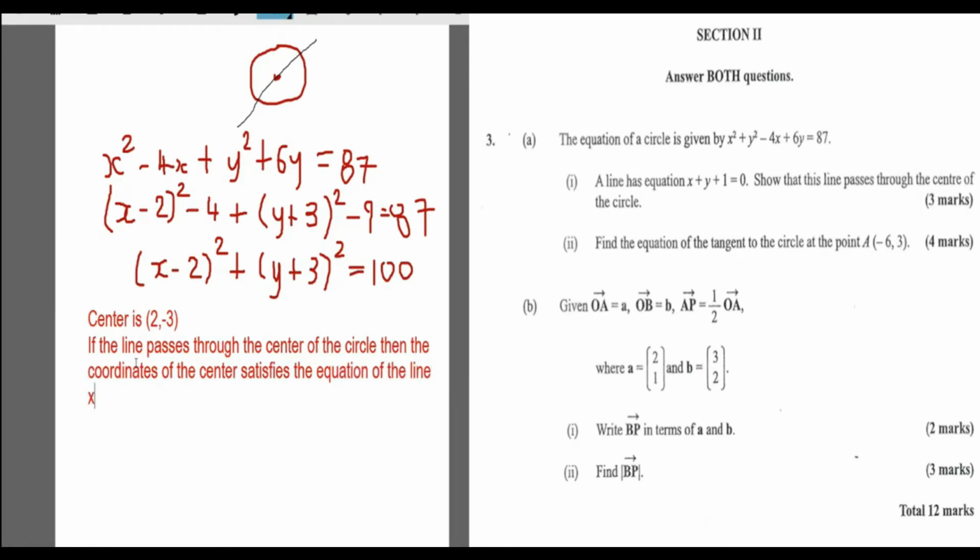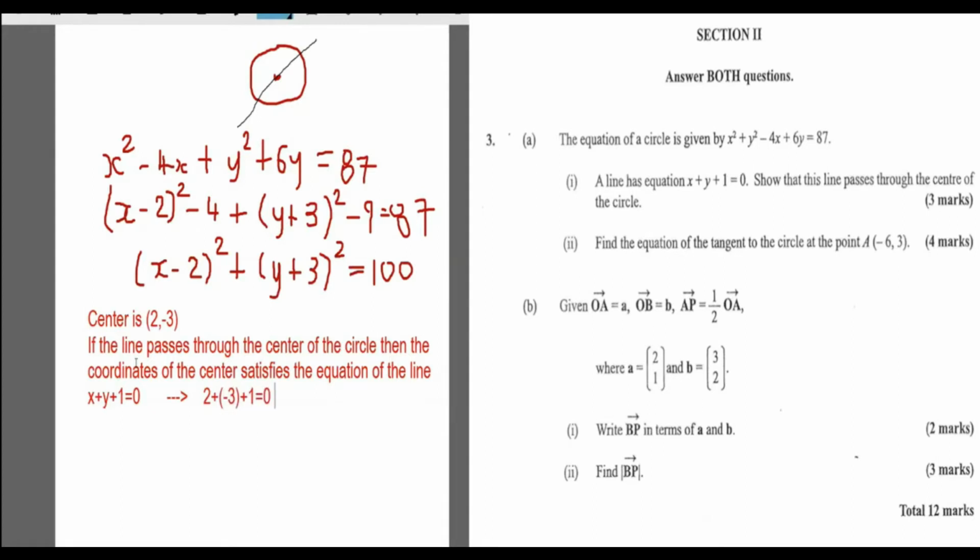The equation of the line is x plus y plus 1 equals 0. Let's test out if that is true. When we substitute x as 2 and y as minus 3, plus 1, it's equal to 0.